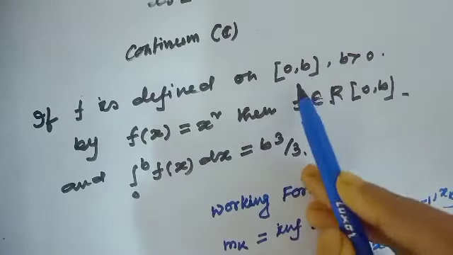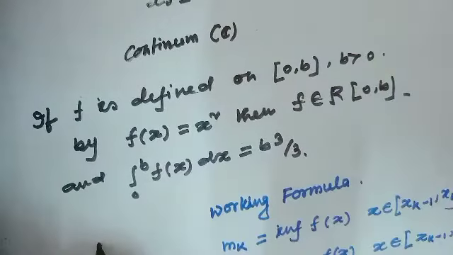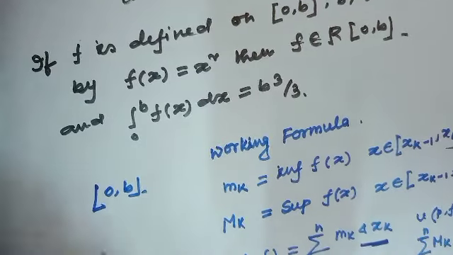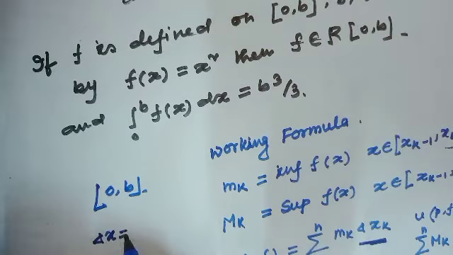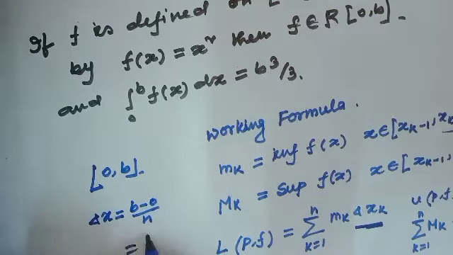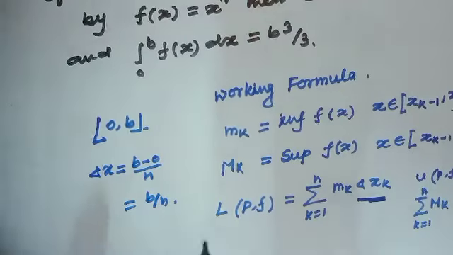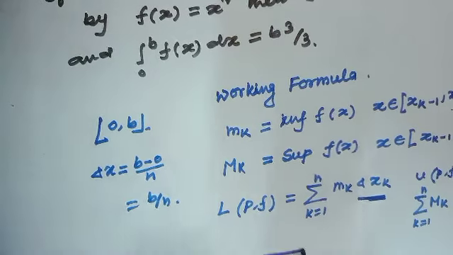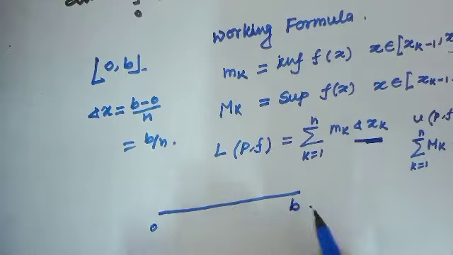Since here the interval is closed [0, b], at first we have to find delta x, and delta x would be (b minus 0) over n. That means this would be b over n. That implies the length of every interval would be b over n here. Now we first partition this interval [0, b].